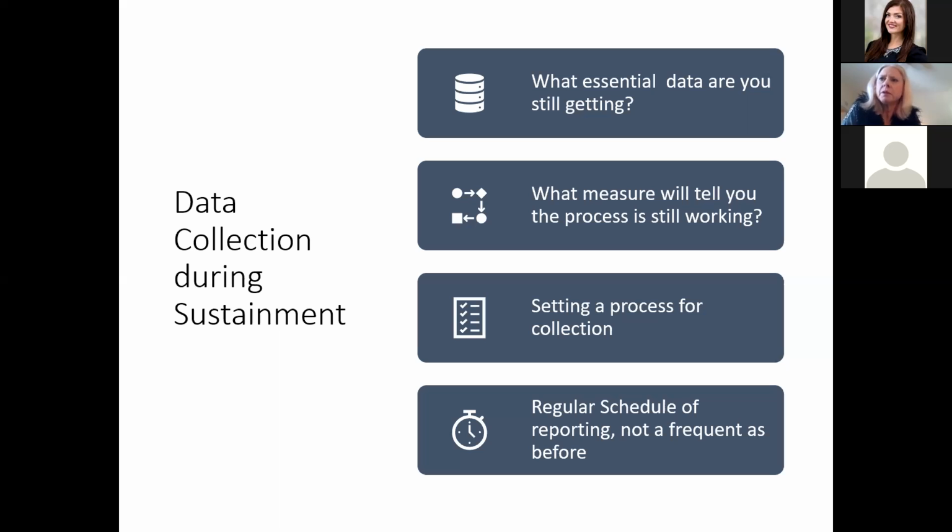What about the voice of the customer? Could we measure that? Maybe it's not a permanent formal measure at times. Maybe it's thumbs up at the end of the call. Keeping that measurement mindset as you even move into sustainability is very important.